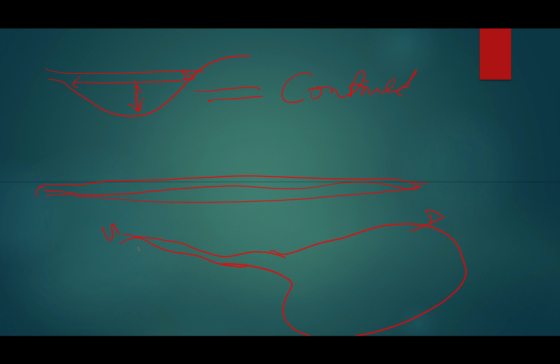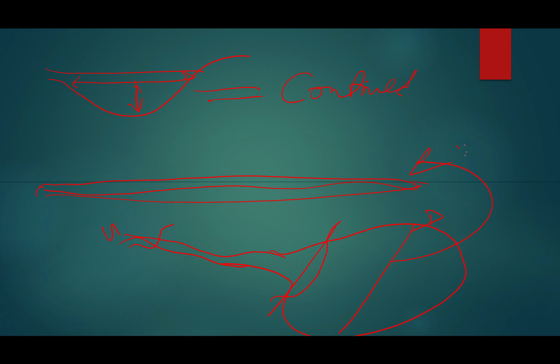So the width to thickness ratio here will be different. As you go further out, it's going to be a lot larger here, and then as you go even further out, it's going to look more like sheet deposits.